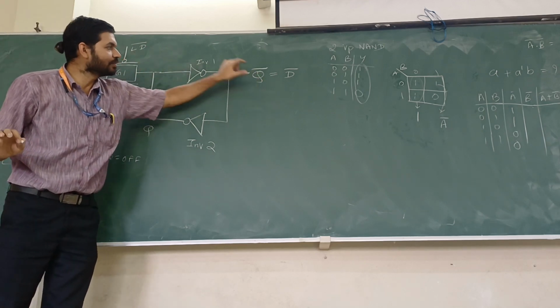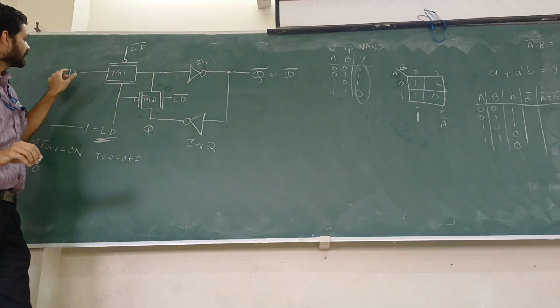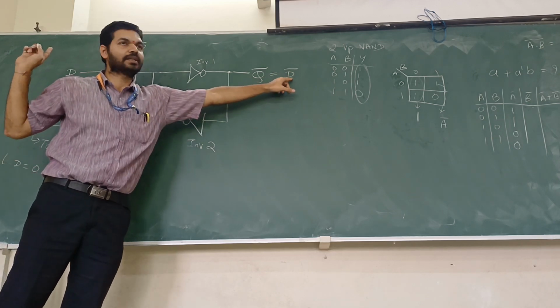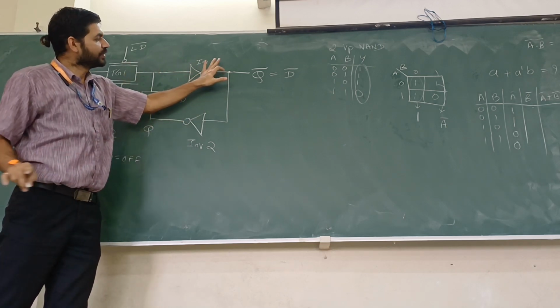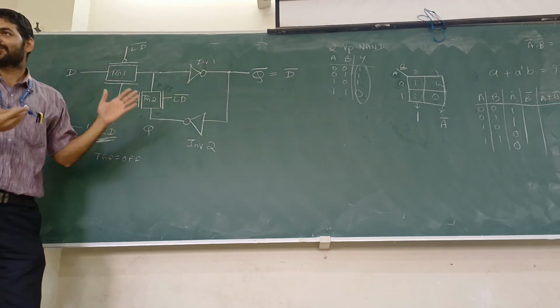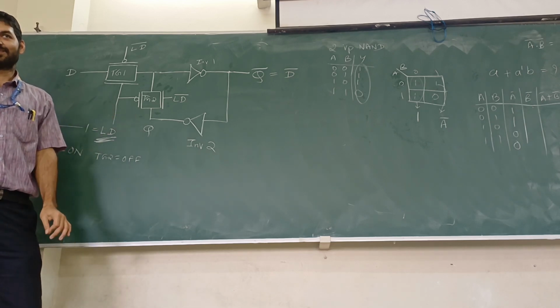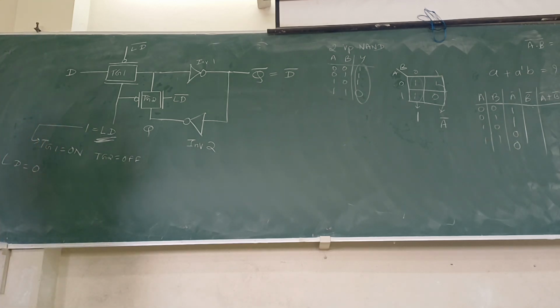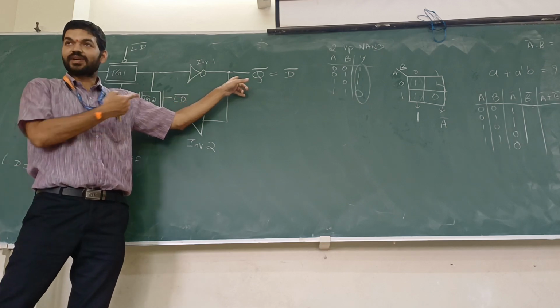That logic 1 or 0, whatever it is, will be present here. Now if I give D as 0, D bar is 1, and that 1 is stored here until and unless you change it. This is what storing is. This is the same storing as your images, photos and songs in your mobile. This is how data is stored.